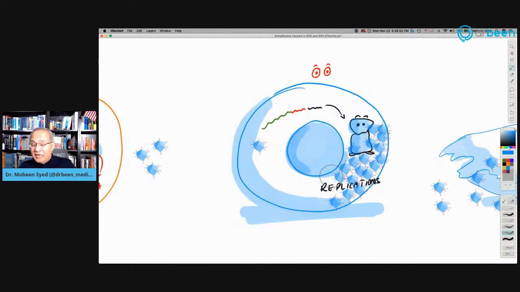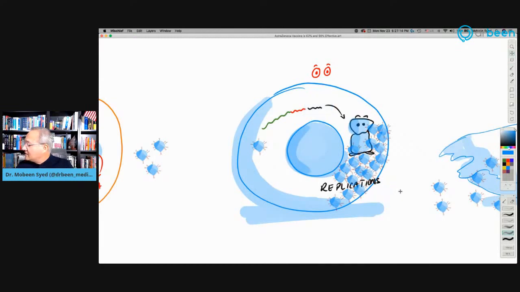But remember, inside the virus, the genetic material that is present does not have this gene. So this virus that is being formed has no capability of replication. It can only act as an envelope to bring the SARS-CoV-2 spike protein into our cells.